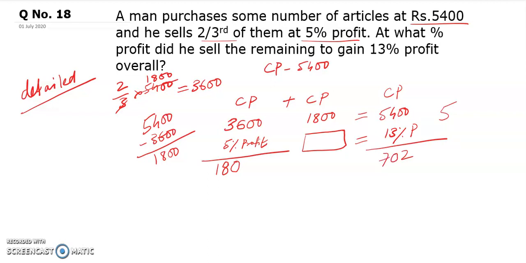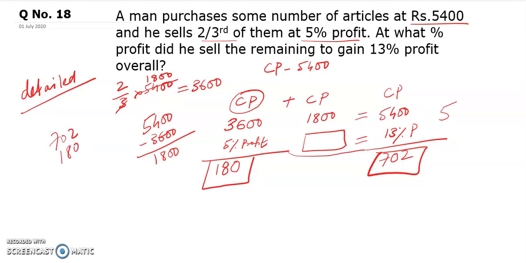So now this is the overall profit and this is the profit of the first part, the 2/3 part. So our remaining profit will be how much? 702 minus 180 will give us 522. Now we have got the profit of the second part.